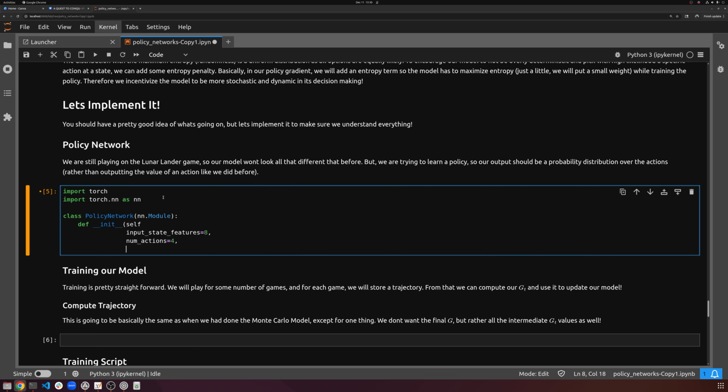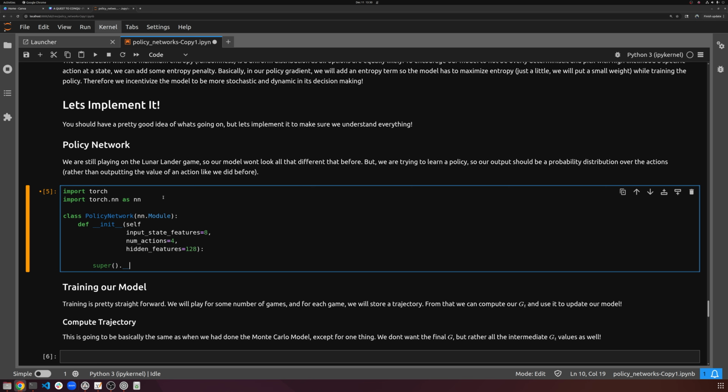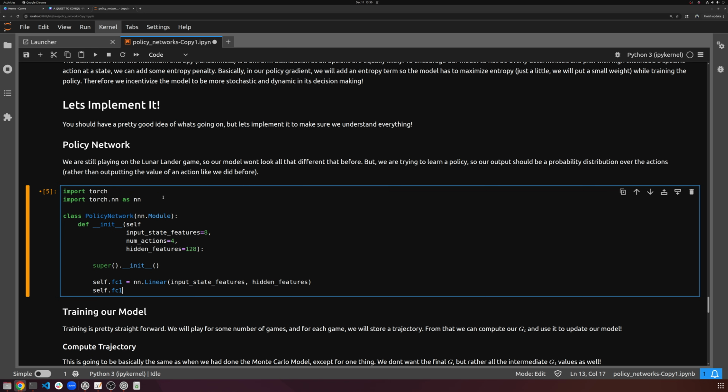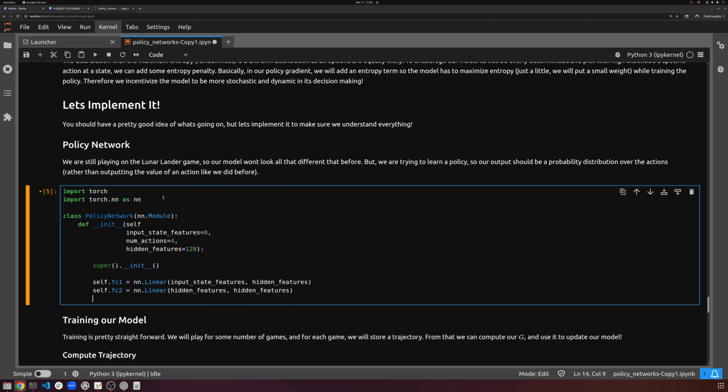Num actions, there are 4 different actions I can take at every step, and I'll just do hidden features is 128. super().__init__(), and we'll do self.fc1 is a linear layer that's going to go from input state features to hidden features, and then self.fc2 is another linear layer that's going to go from hidden features to hidden features, and then self.fc3 is again another linear layer that's going to go from hidden features to our final num actions.